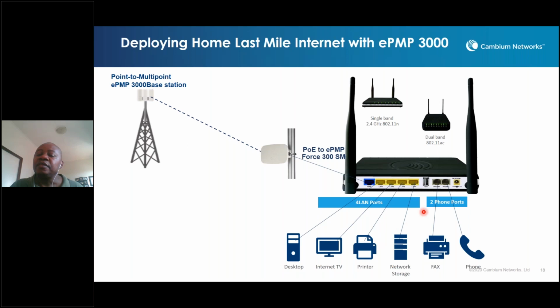And then you've got home routers that have analog ports as well, ATA ports where you can plug in your landline, if you still use a landline, that is. We're seeing this very much across the continent.